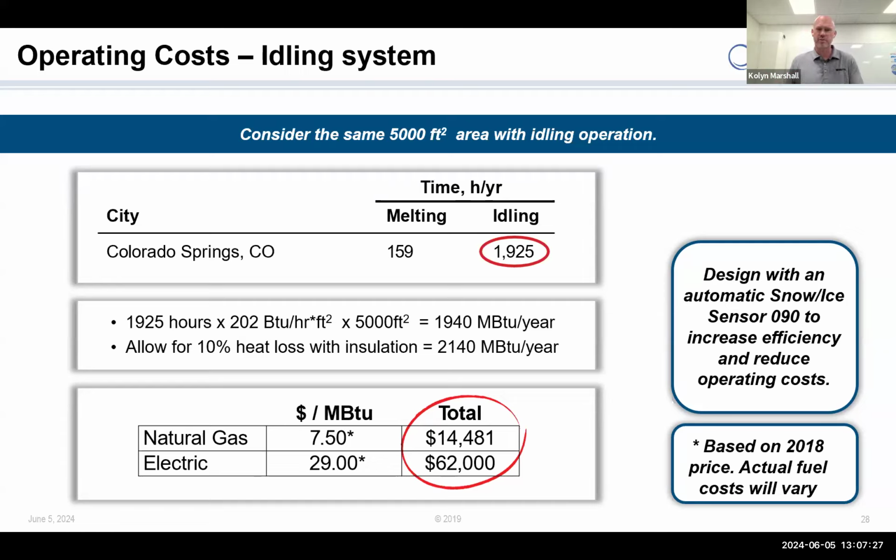The controllers now are smart controllers. They preemptively start the system before snowfall starts, so it comes up to temperature before snowfall happens, and you get the same effect as idling. In the past, we didn't have smart controllers, didn't have internet, and you didn't know when it was going to snow. So your only option was to run it 24/7, and that was really wasted energy. It just didn't do you any good.